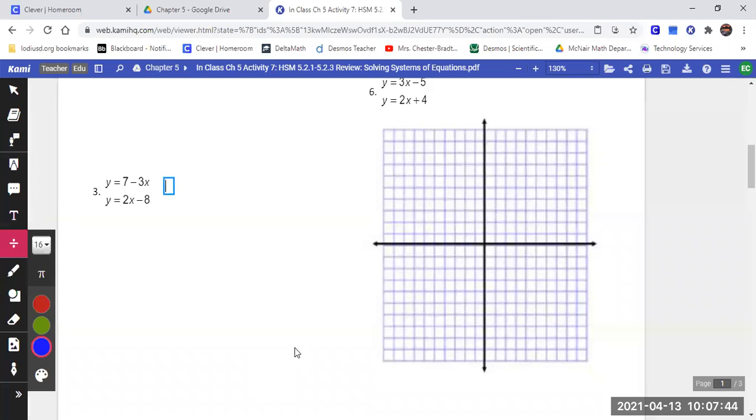So we need to rearrange it so it's y equals mx plus b, correct? So how would we rewrite this? What would we say? Y equals what? Yes, negative 3x, positive 7. Because we know nothing in front of a number means positive, right? Okay, so we've got our equation for this one.